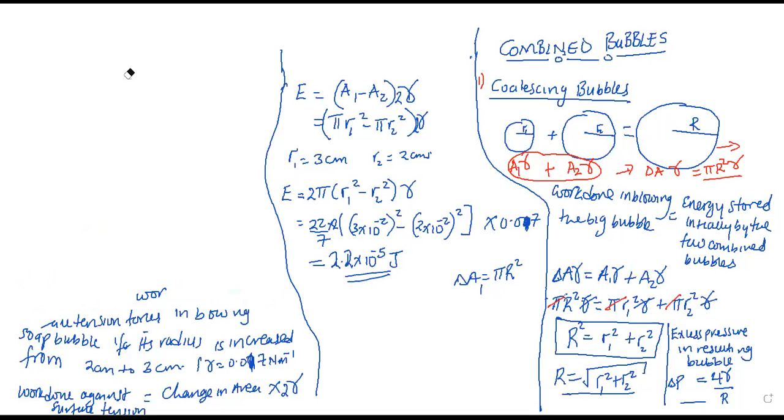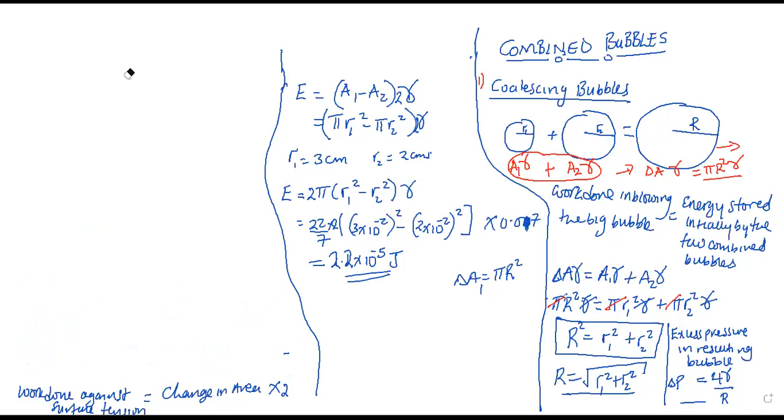There we say they have combined, while if they form one resultant bubble, we say they have coalesced. So the first one, we have had coalescing bubbles. Now we are going to have combined bubbles. So case 2, combined bubbles.